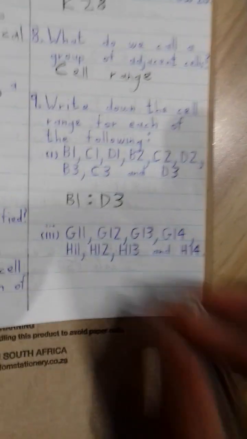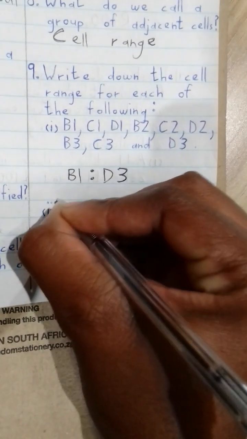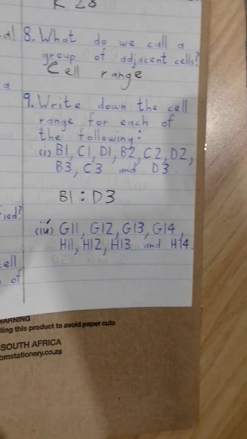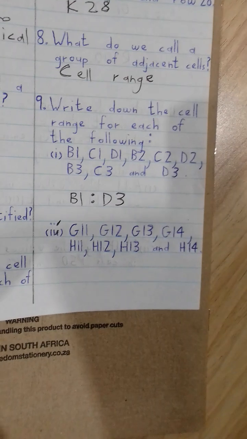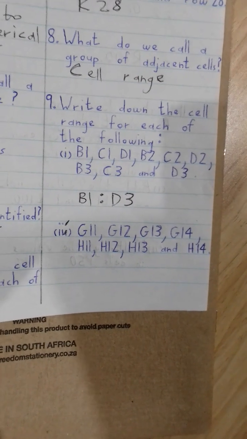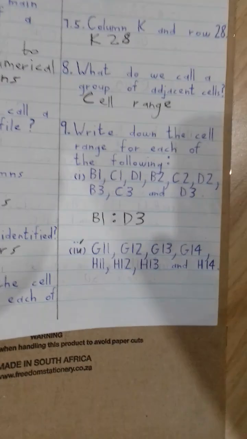Roman numeral number 2, my mistake. You have G11, G12, G13, G14, H11, H12, H13, H14. So once more, let's separate. Oh my, it's actually G first. So G11, right? And then G12, G13, G14.